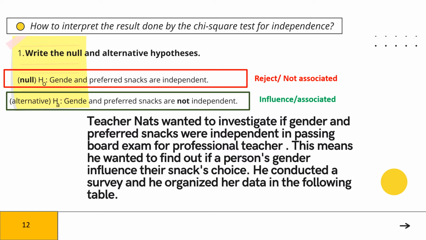So we reject our null hypothesis here, which is that gender and preferred snacks are independent. This is rejected, which means no association, no relation. We will use our alternative hypothesis, which is that gender and preferred snacks are not independent. That means there is an influence, an association, in relation to gender and the preferred snacks in passing the board exam for professional teachers.